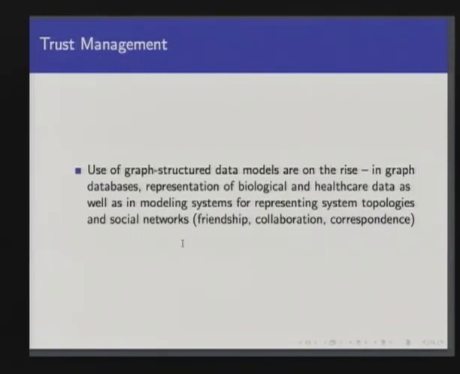For example, Facebook, LinkedIn, Twitter. These are all graph structured data which connect different communities and groups. In this data structure, there are nodes and edges, and different kinds of relationships between those nodes and entities.